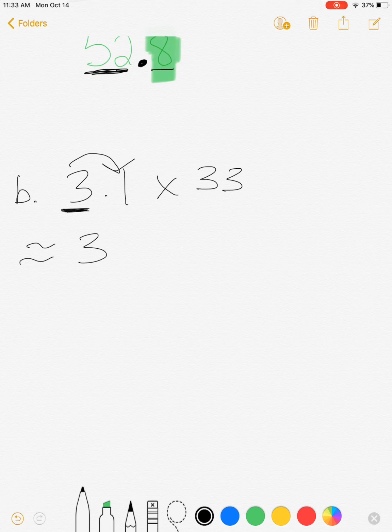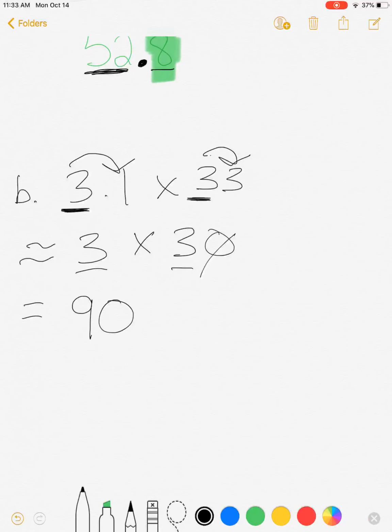So the whole number is 3 times, underline the 10, look to the right, 4 or less, let it rest. So 3 times 30. Multiply the two digits that are not zeros. Bring down that 0. Our product should be close to 90. Not 9, not 900, but 90.